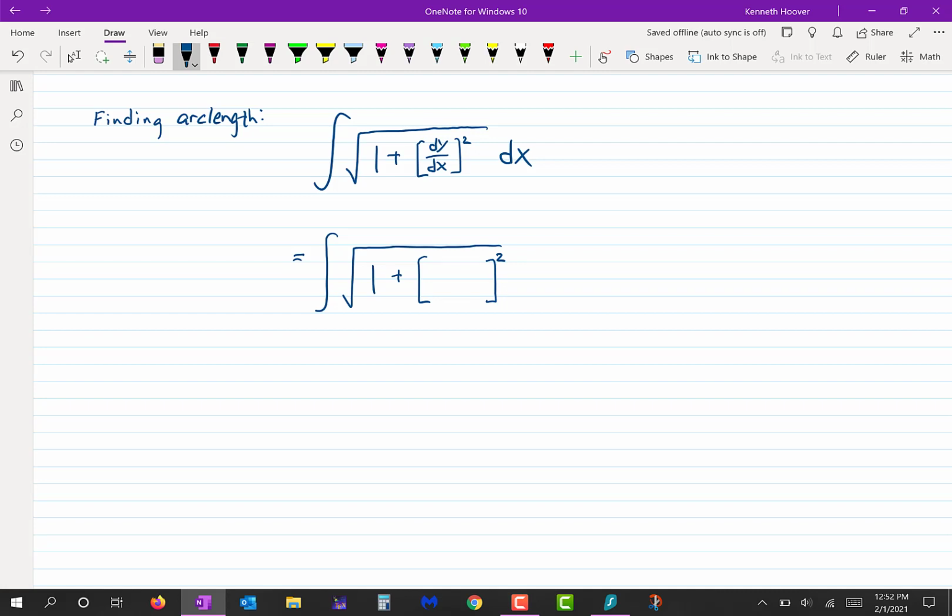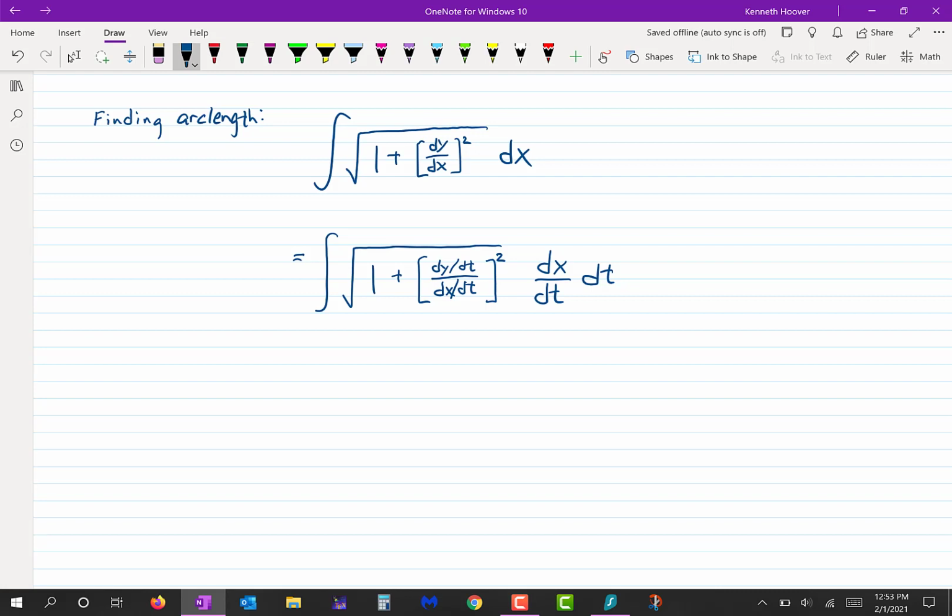Okay, we went over that up above. dy/dx is dy/dt divided by dx/dt. And let's also fix that dx at the end. It needs to be a dt, right? How did we fix that in the last integral? We rewrote dx as dx/dt times dt.